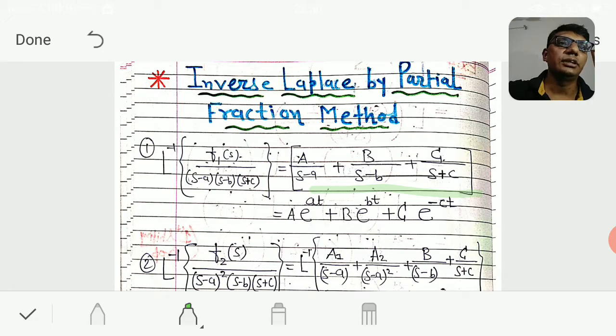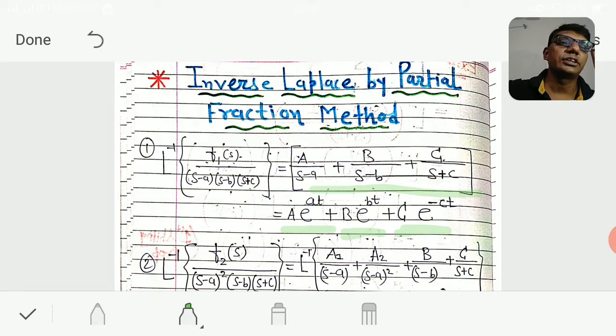Therefore we can write: A into L inverse of 1 upon s minus a, that will be A into e raised to at, then B into L inverse of 1 upon s minus b, that is B into e raised to bt, plus C into L inverse of 1 upon s plus c, that is C into e raised to minus ct.